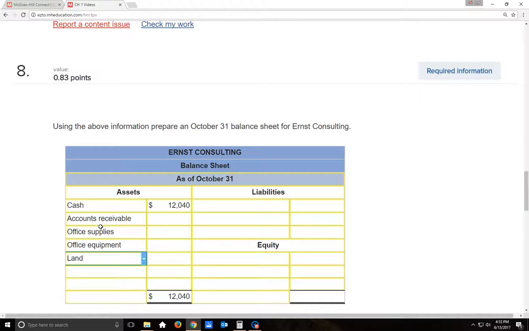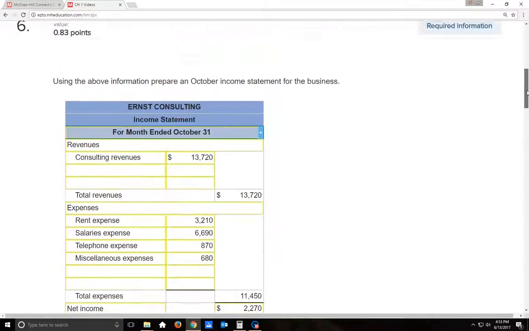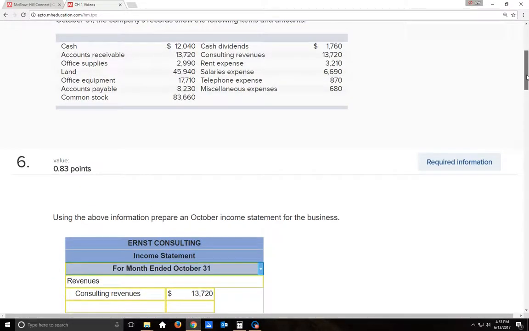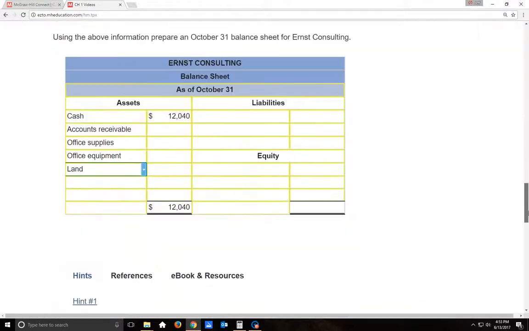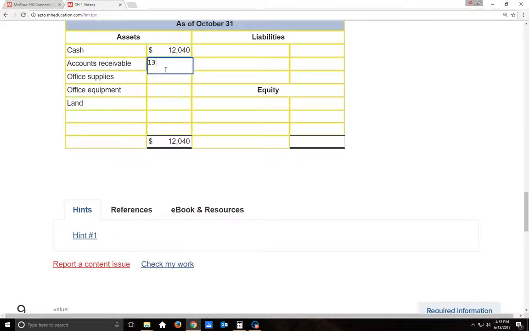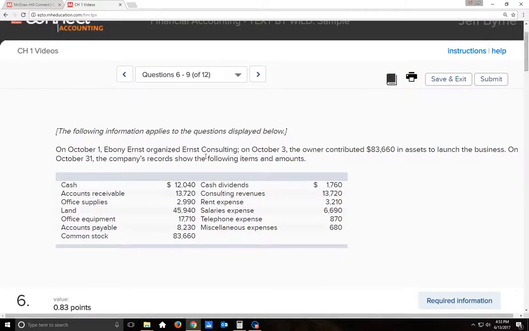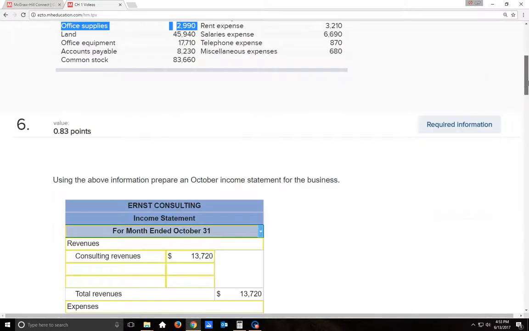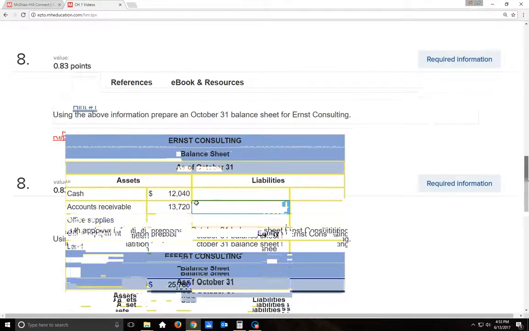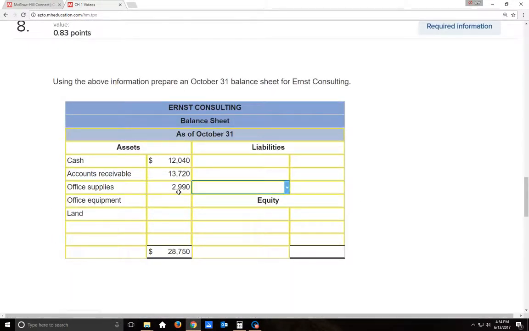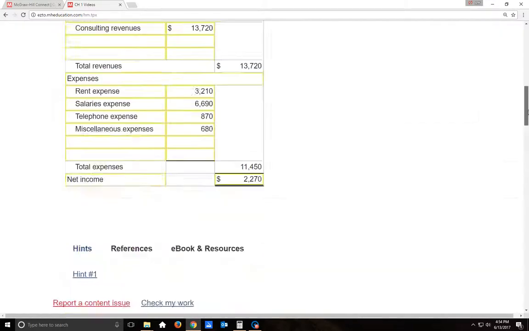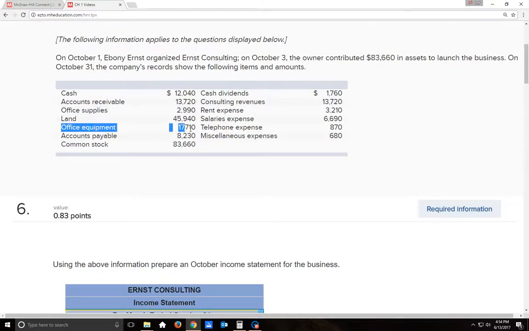Now let's find the values of these. The value of accounts receivable from the data set and office supplies. Accounts receivable, $13,720. Office supplies, $2,990. Office equipment, $17,710.